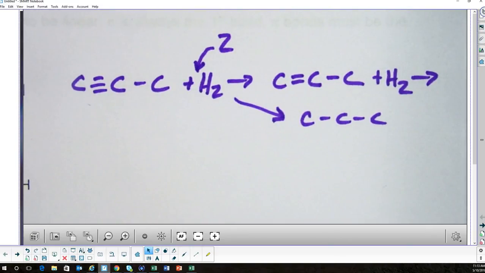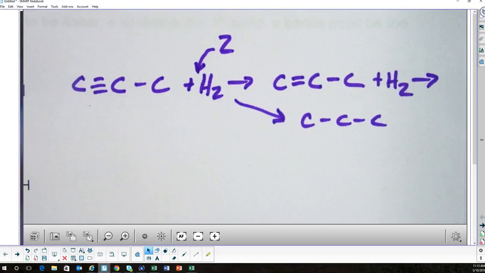So halogenation, hydrogenation, and now we've got hydration. Halogenation and hydrogenation, they're the same element. So it's 2 hydrogens or 2 chlorines or 2 bromines, they're the same. So it just goes one on each side of the double bond or triple bond break.